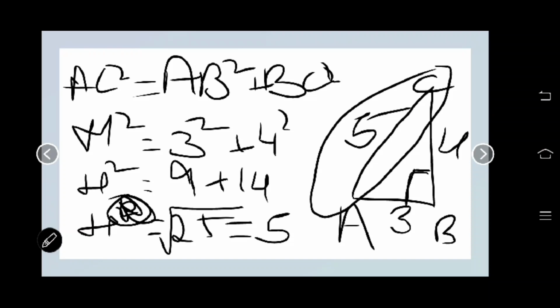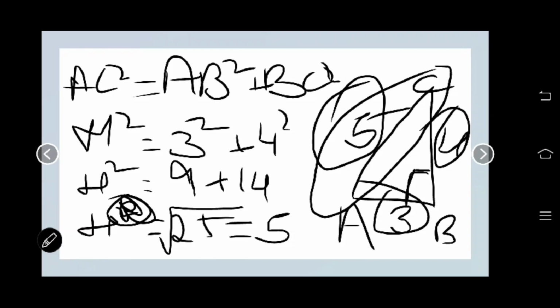So what did you observe? You can say the longest side of a triangle is proved. See, these adjacent and opposite sides are less compared to the hypotenuse. So this is how you have to do it, and this is how it is applicable.